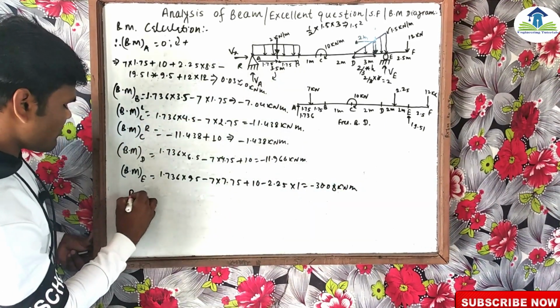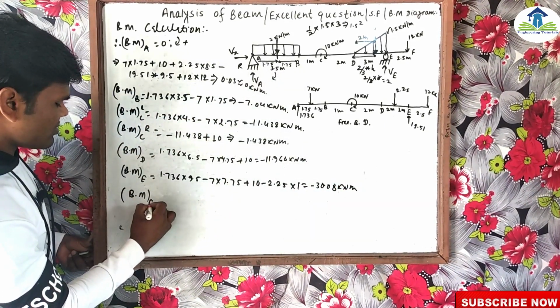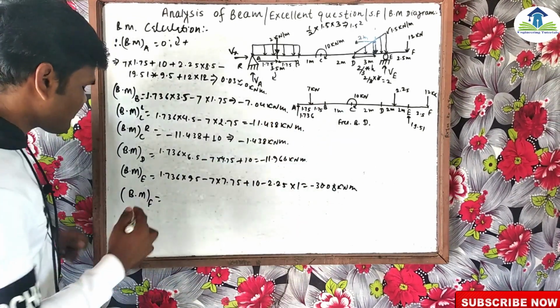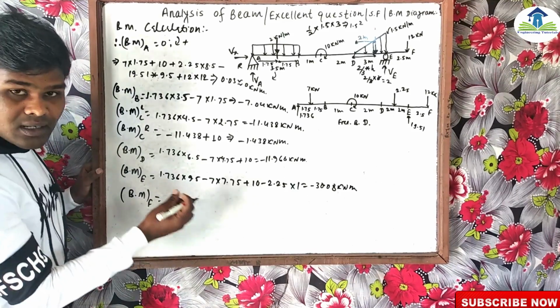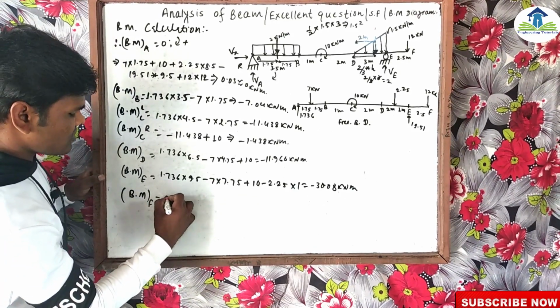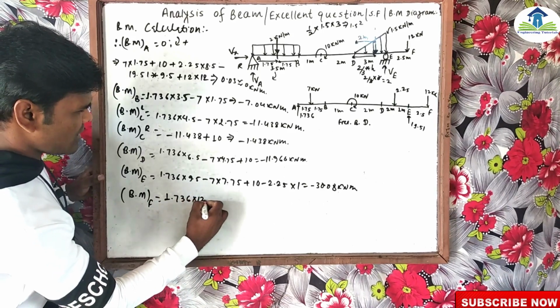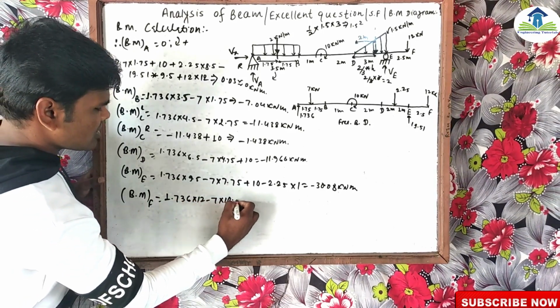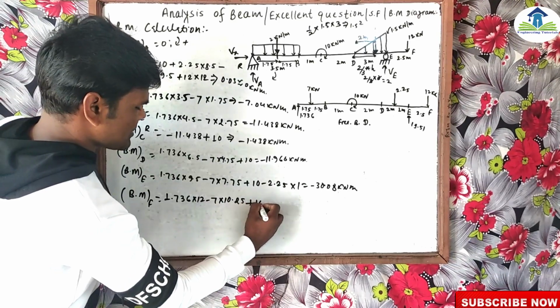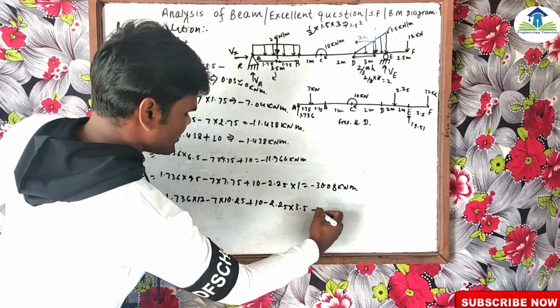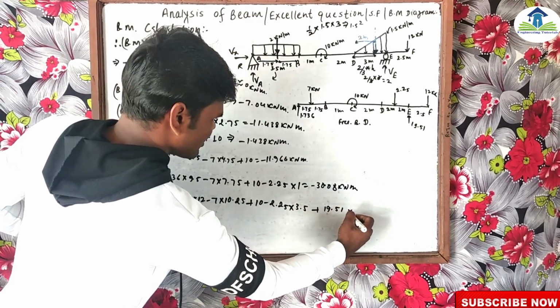So now the bending moment at point F will also be equal to 0. We can prove it here. Minus 1.736 into 12 minus 7.10.25 plus 10 minus 2.25 into 3.5 plus 19.51 into 2.5.